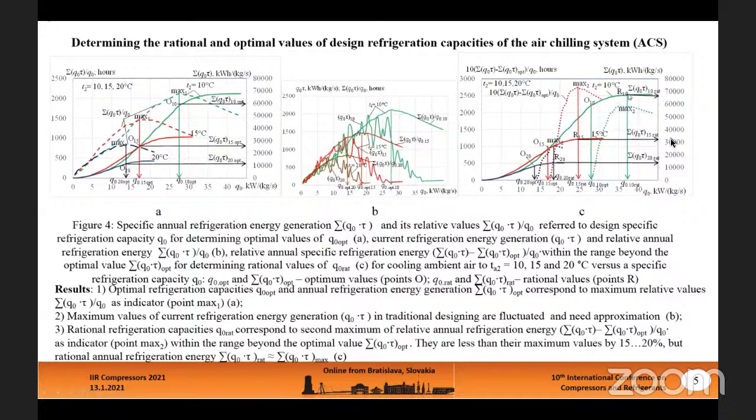As you see, the rational value of refrigeration capacity is less than the maximum value calculated traditionally by about 15%.